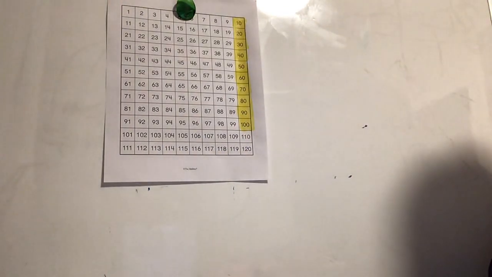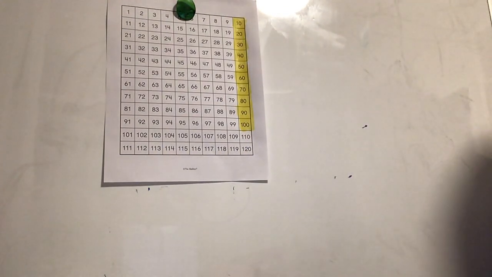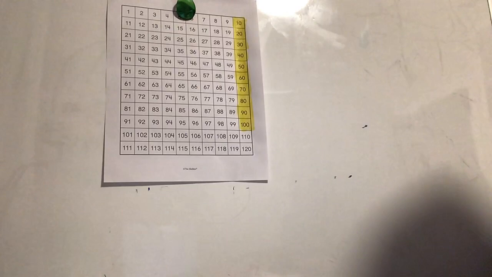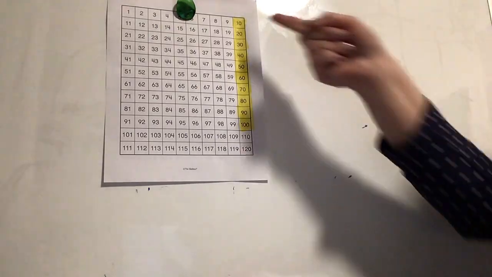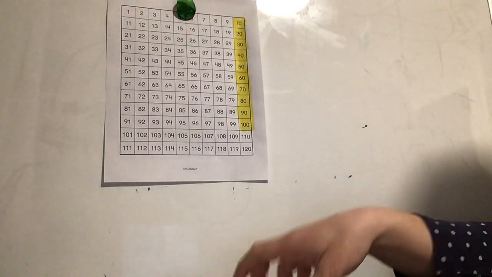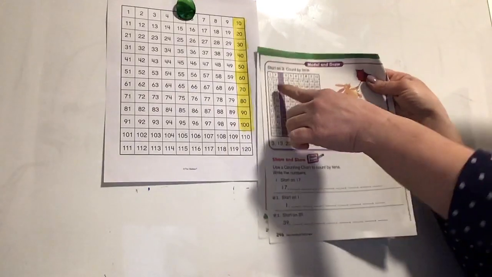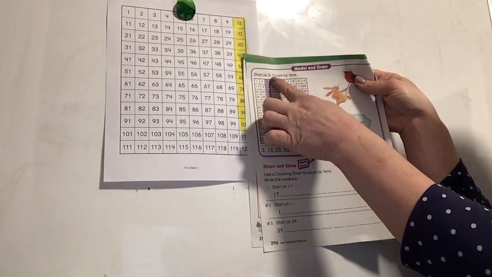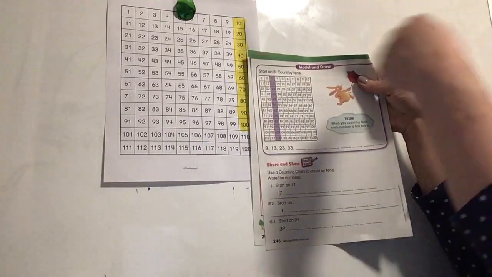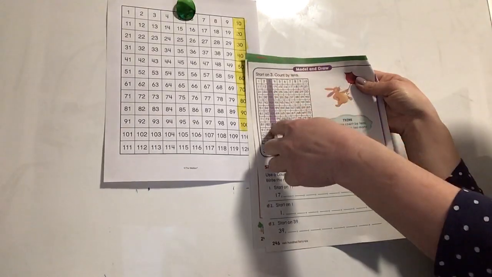Hopefully you are following and you colored everything just like Mrs. K did. But we can start at any number. It doesn't have to be 10. We can start at any number, and that's what they're asking you to do on the next page. On the next page, they're asking you to start on 3 and count by tens. So when I count by tens, I go down.